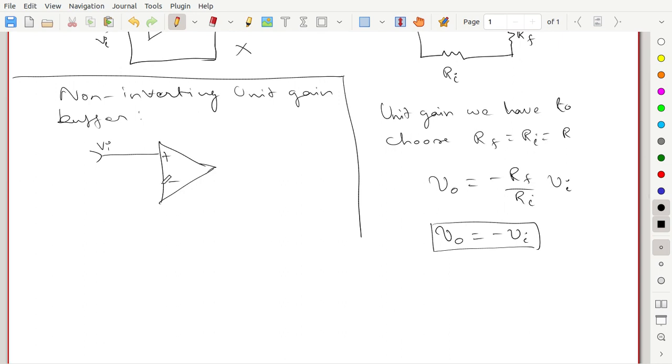And for this circuit we can make the feedback loop with a feedback resistor of 0 resistance. So we know that the feedback resistance is a short. Therefore RF equal to 0, and we know by the characteristics of the op-amp that the input impedance of the non-inverting terminal is infinity. Therefore the input resistance is infinity.